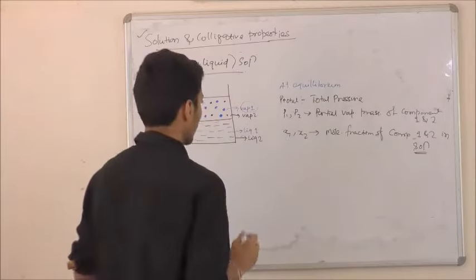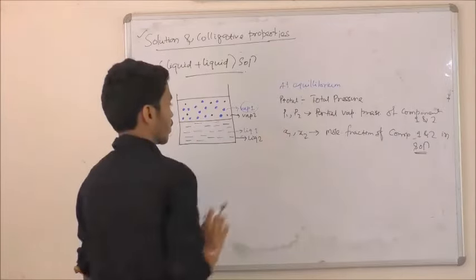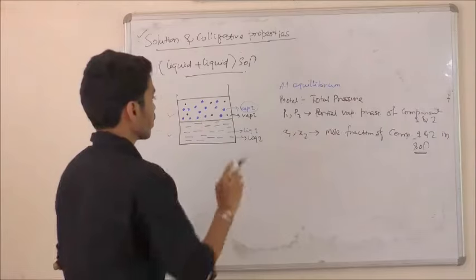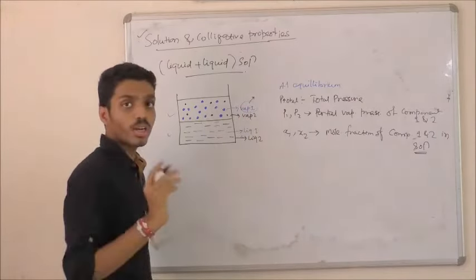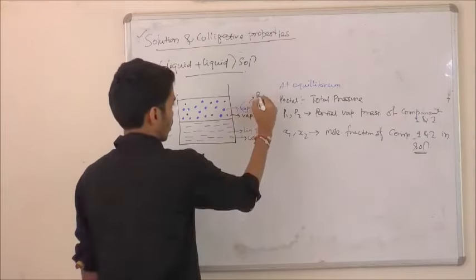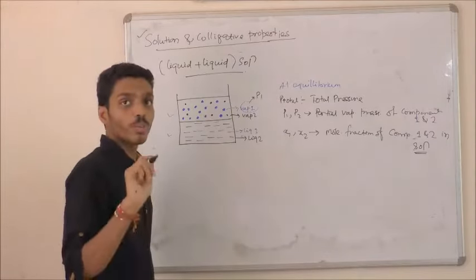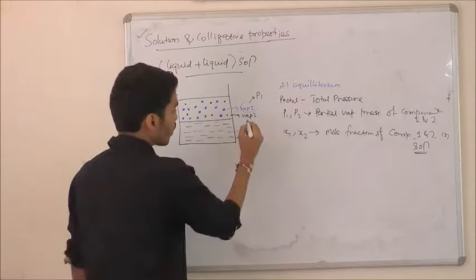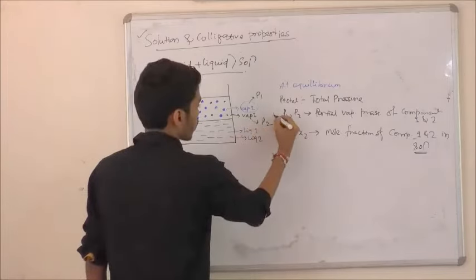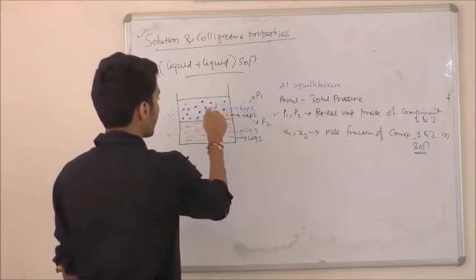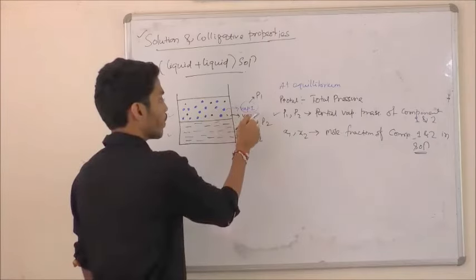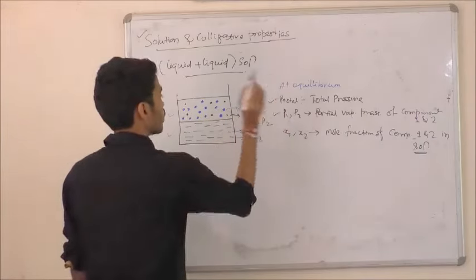So at equilibrium, the pressure exerted due to this vapor 1 is known as P1, and at equilibrium the pressure exerted due to vapor 2 is P2. And the total pressure generated due to both vapors, vapor 1 and vapor 2, is known as P total.